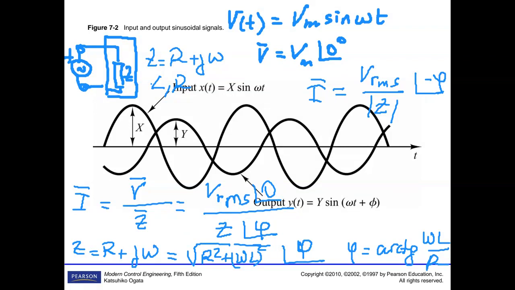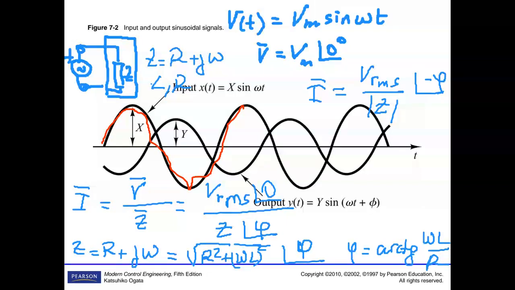However, if your impedance is R minus j over omega C, that means capacitive, then the current leads. That angle becomes positive. The leading and lagging concept comes from that as well, for our control lead-lag compensation.